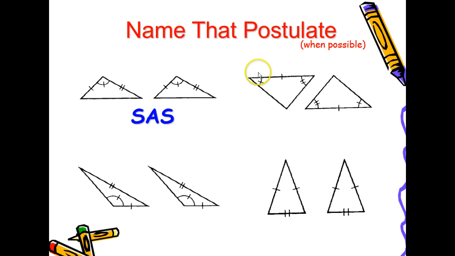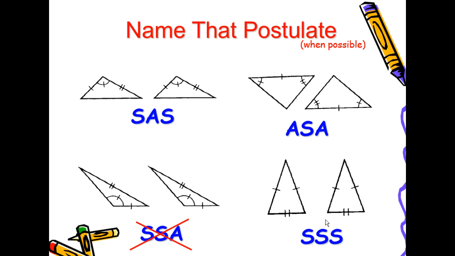You see an angle, the S, then the A. The S is between the A's. Angle, side, angle. You see an angle and a side over here, and then a side here, which is the bad word one, SSA. So you say not congruent. This one you notice has three sides, so you say side, side, side.